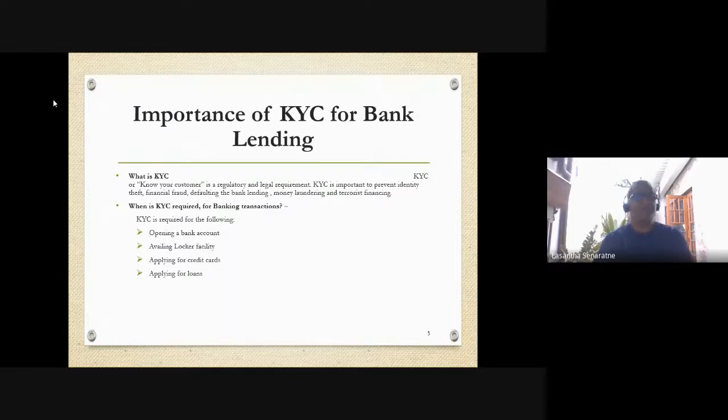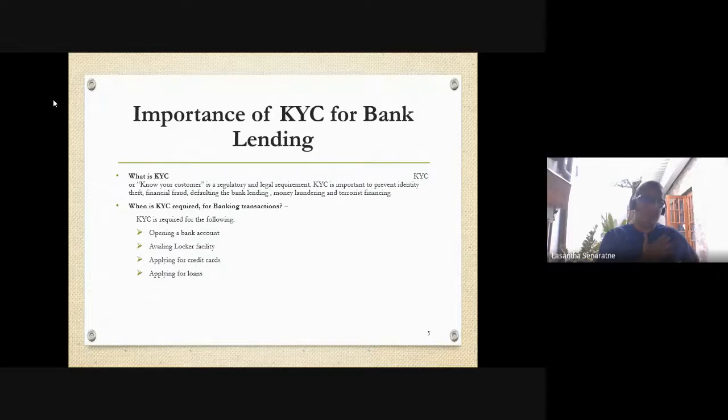Now, there is a huge risk in that, because for me, KYC is the most important understanding about your customer. If you know your customer well, you can cross-sell your product. So KYC should not be an operational matter. It should be a marketing tool.